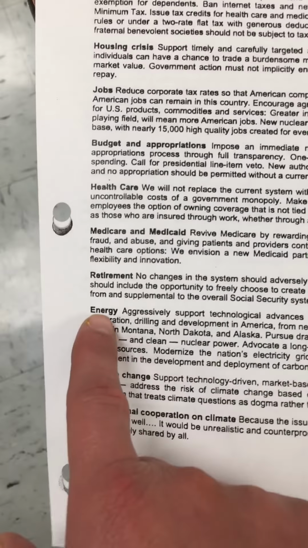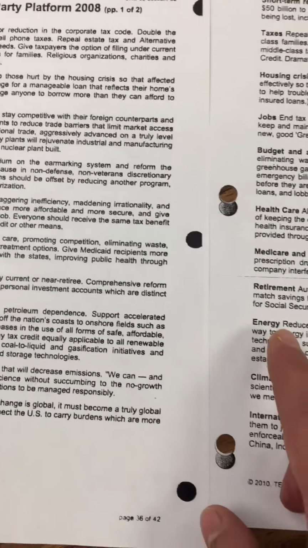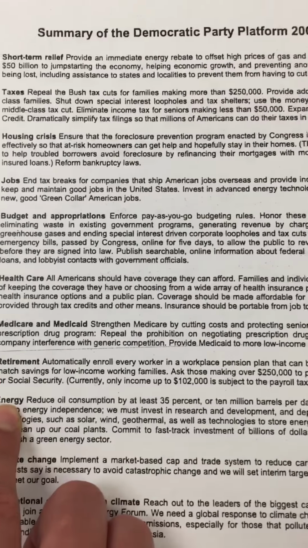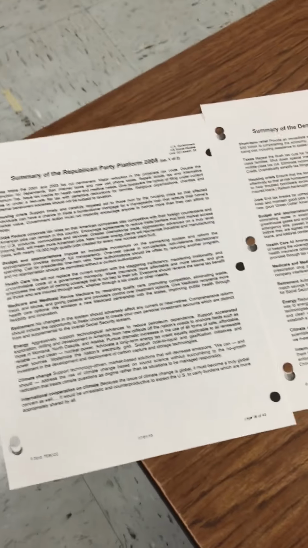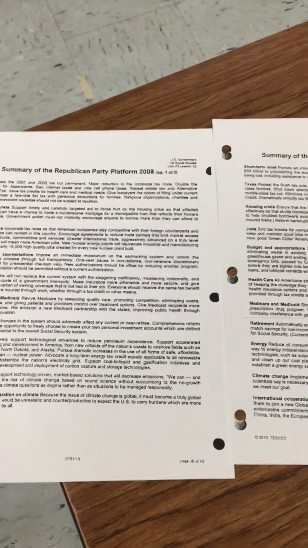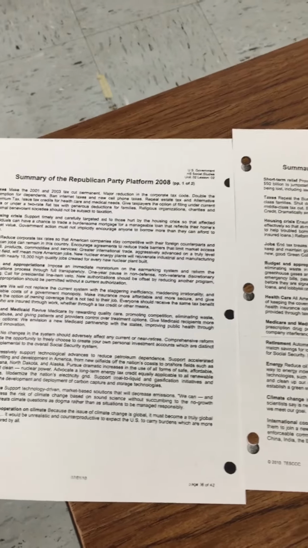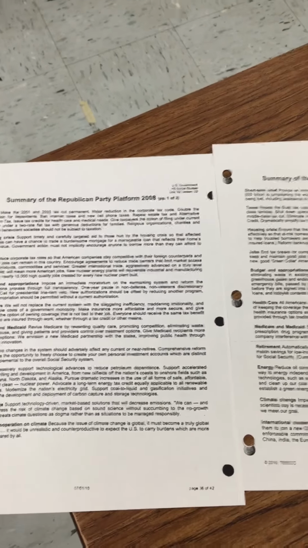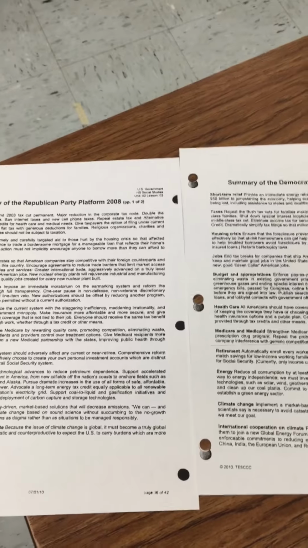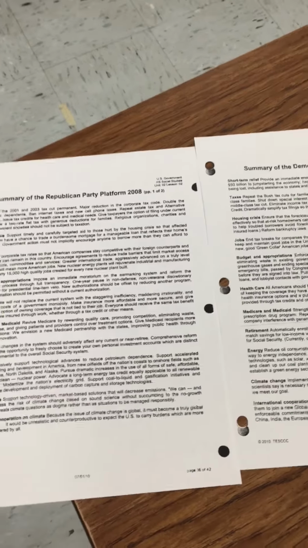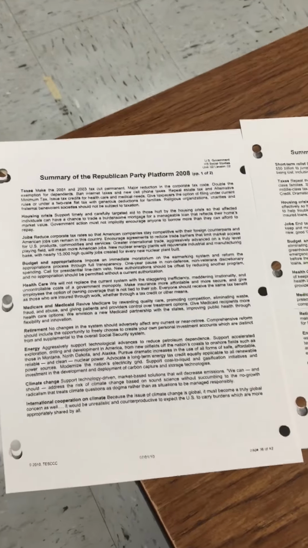So it shows up here for energy on the Republican side and energy over here on the Democratic side. If you read both of them, you'll find out that the Republican Party platform talks pretty much word for word about supporting accelerated drilling for oil in areas like Montana, South Dakota, Alaska, etc. And so it's pretty much copied and pasted.